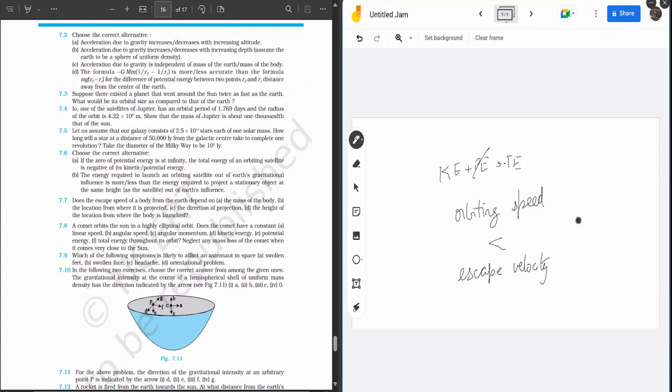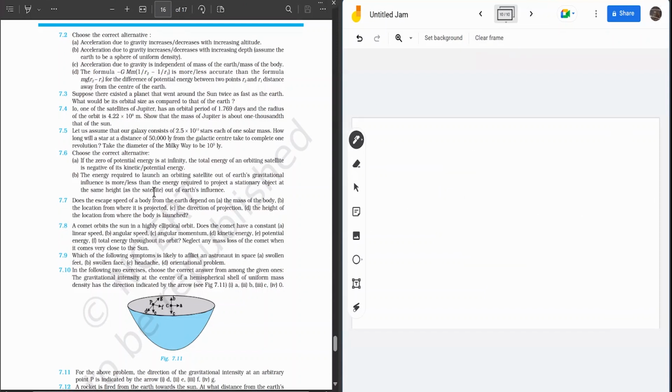Okay. With orbiting speed you can reach it faster. Okay, so escape velocity takes more velocity. Hence it will take more energy.